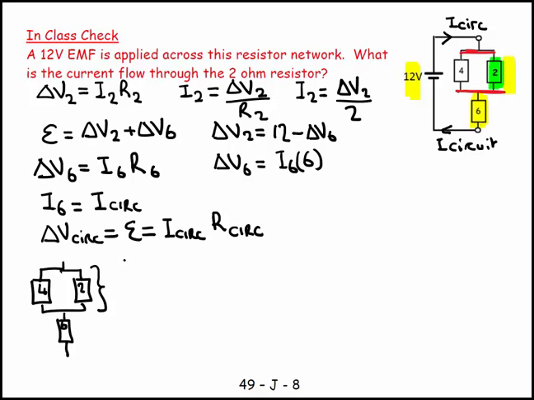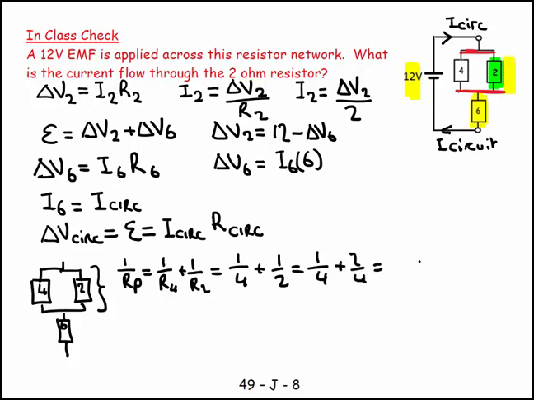So I'm going to say, 1 over Rp is equal to 1 over R4 plus 1 over R2, which equals 1 over 4 plus 2 over 4, which equals 3 over 4. And of course, because I've been practicing, I know that Rp is equal to 4 over 3. Remember, you've got to flip it back. Very common mistake not to flip it back.